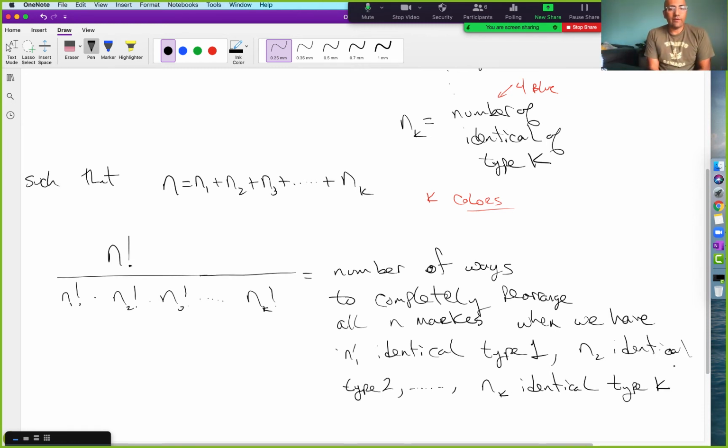Good. So if we have a case where we have lots of things that are identical, like in my case with the markers, then this formula will help us figure out how many ways are there to move them around.